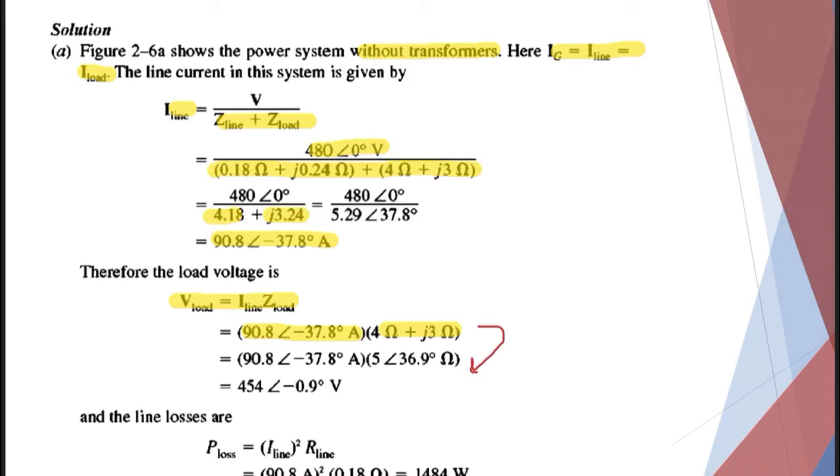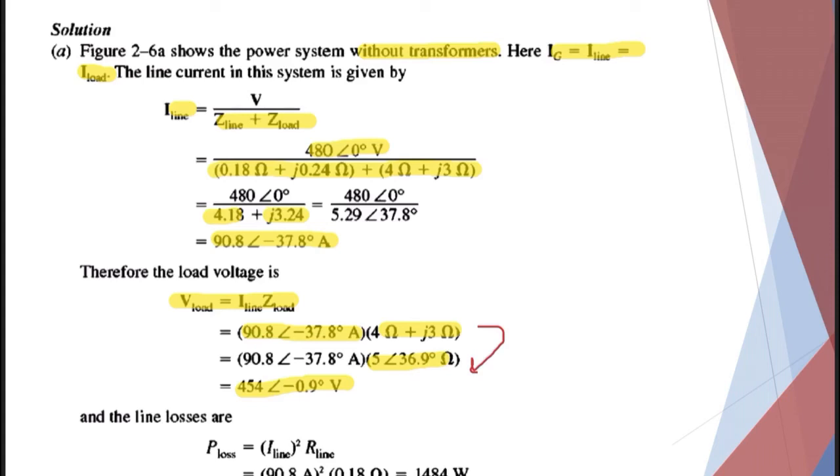I use the calculator here to convert. It will be 5 with angle 36.9 ohm. Now the multiplication: 5 multiplied by 90.8 will be 454 with the angle minus 0.09.